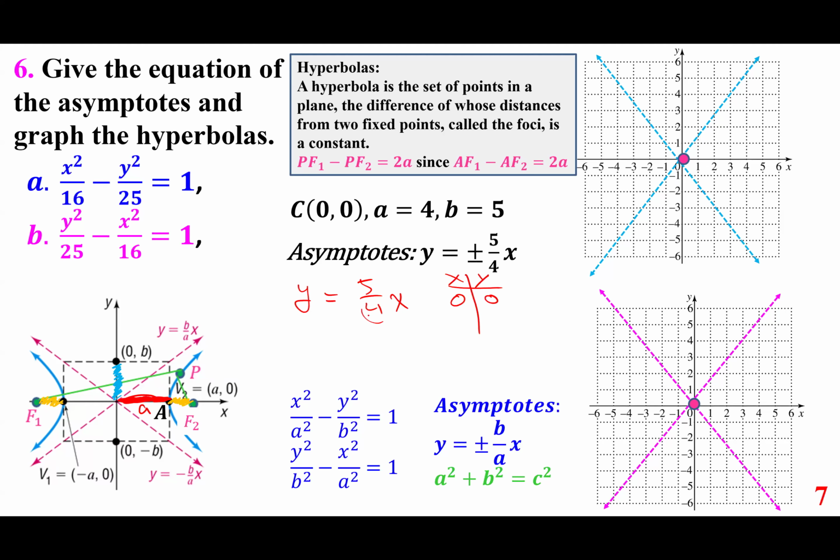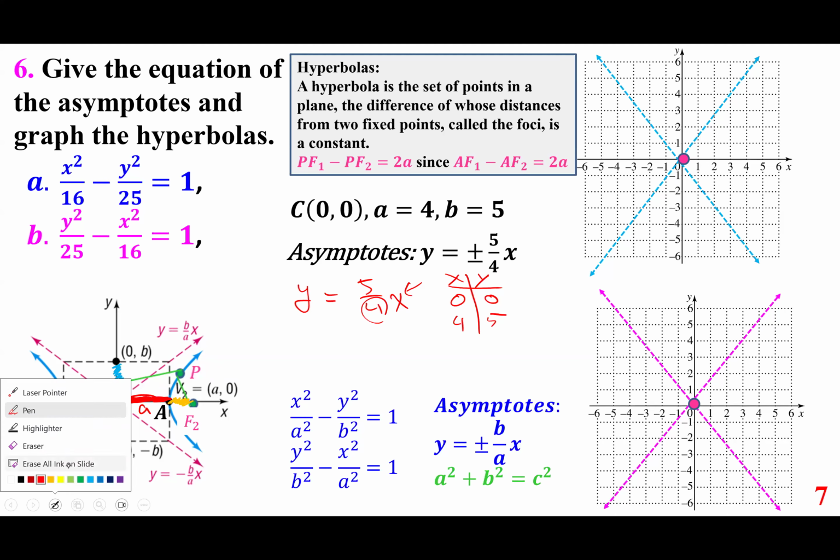Now, because this is 4, that means if x is 4, y is 5. You follow what I'm saying? So that's one way to look at it. The other one, I will look at this fundamental rectangle. When we are done, I'll show you how to find those asymptotes using the fundamental rectangle. Might be a tad faster in a moment, but let me erase my work now.